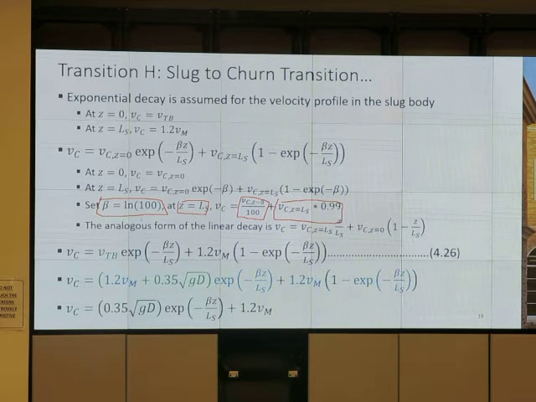If you use beta equal to natural log of 1000, you will have 0.999 of Vc at z equal to Ls and 0.001 of Vc at z equal to 0, right? In this case, they say 99% is okay. When velocity changes, 99% and 1% from that point is okay for this kind of linear combination. It's an assumption, okay? Got it?